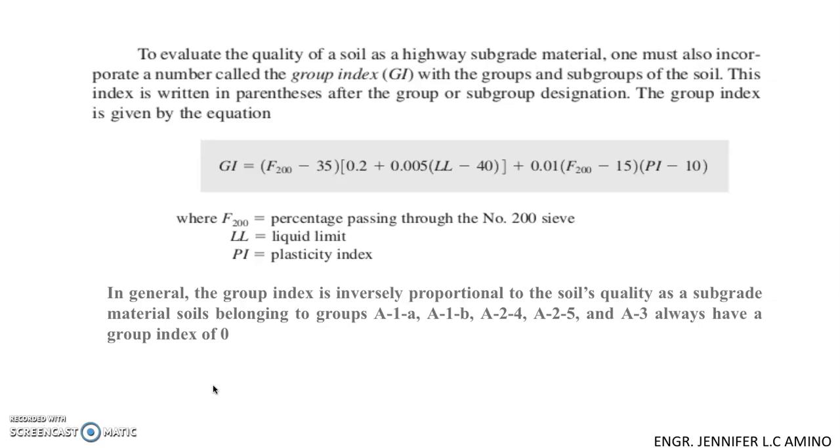Because in the construction of a highway, as a common individual, what we see is the pavement, the concrete or the asphalt that we step on. However, below that ground surface you have different layers that we call subgrade material, base material, and sub-base material.